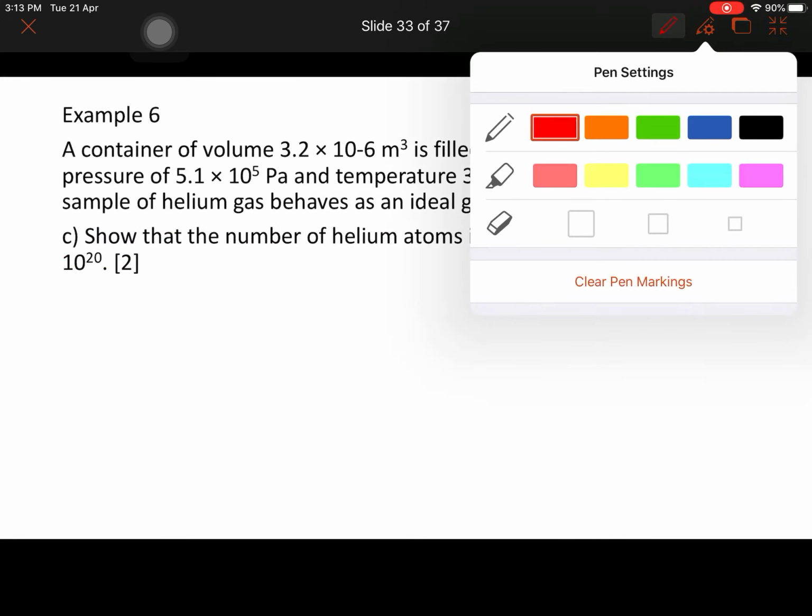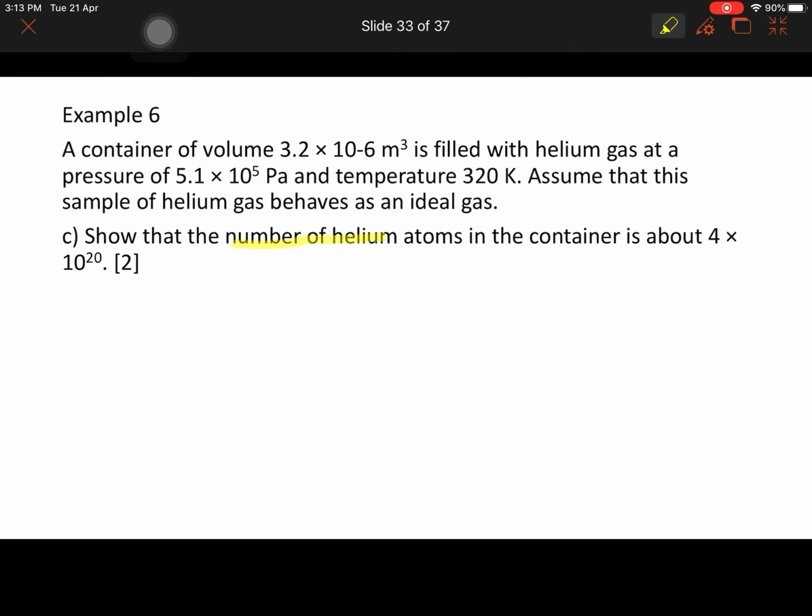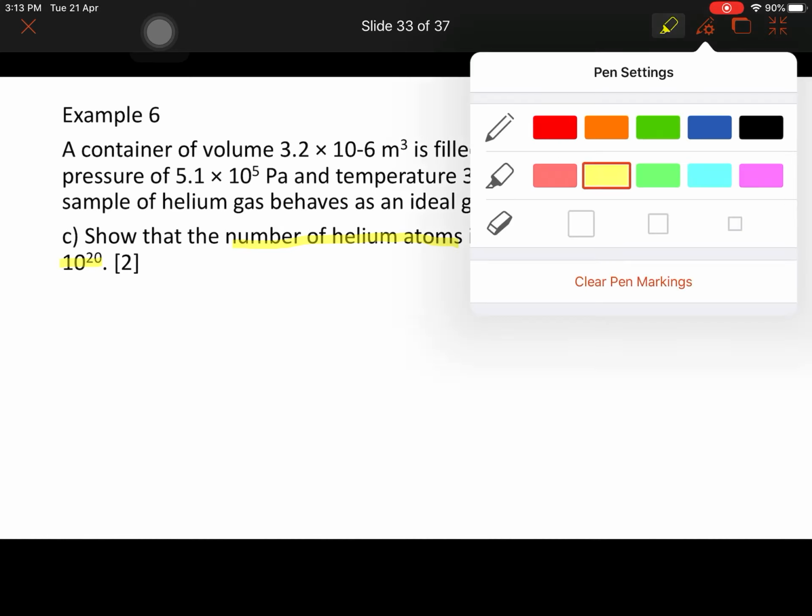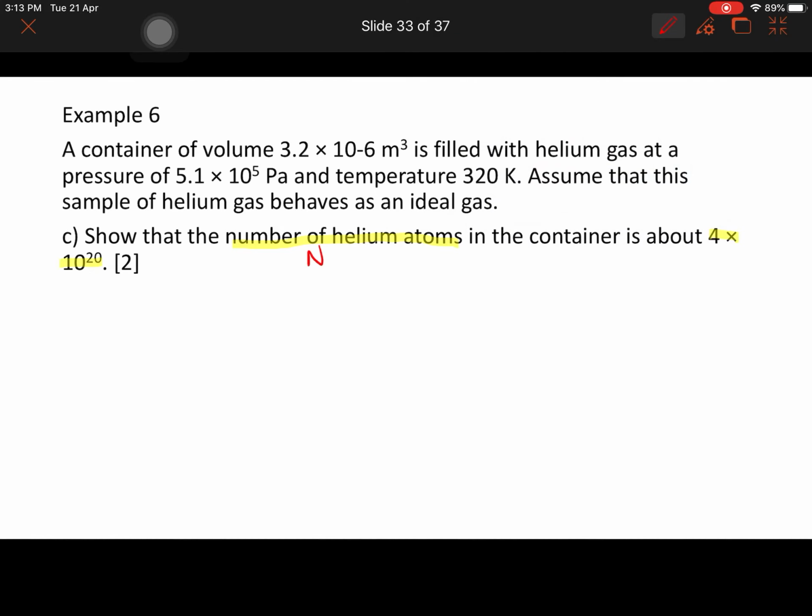Moving on to C, they ask us to show that the number of helium atoms is about this. So basically right now I'm trying to look for a big N, the number of helium atoms. So how do I do that? We use PV equals NkT. You know what P is, 5.1 times 10 to the power of 5. What is V? 3.2 times 10 to the power of minus 6.